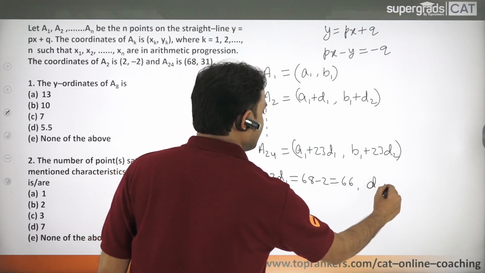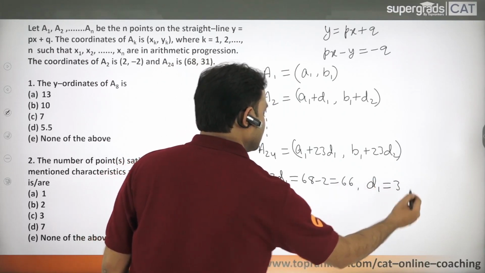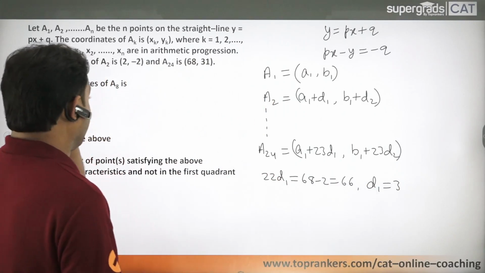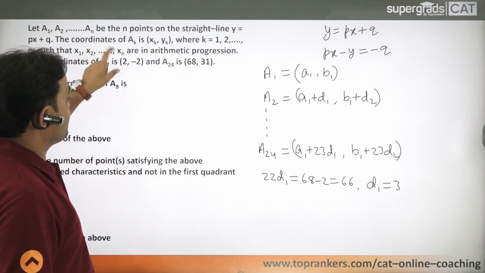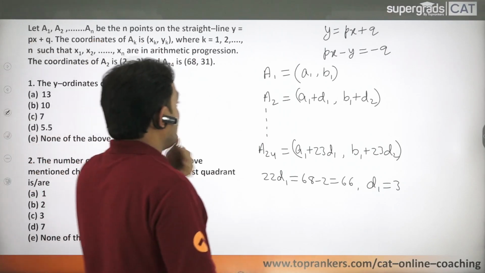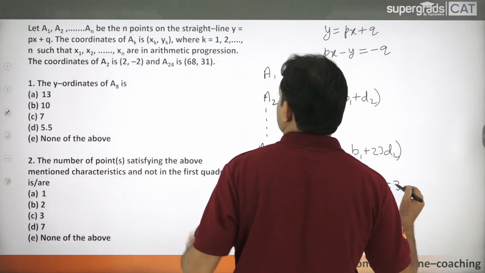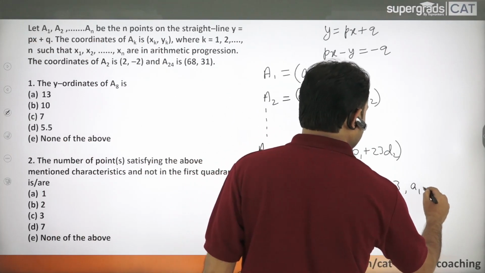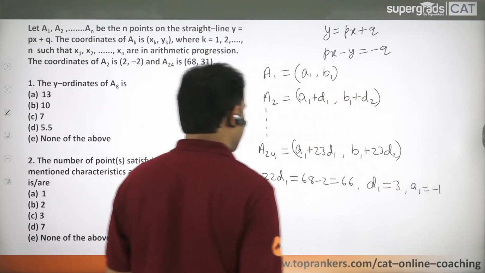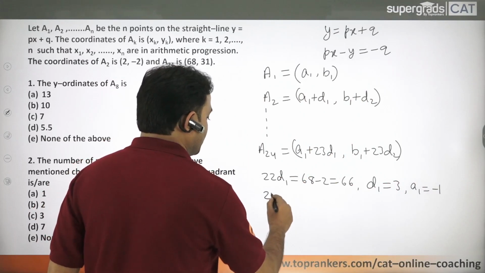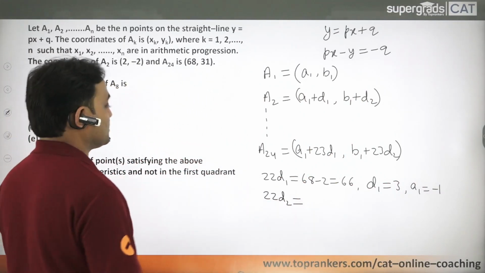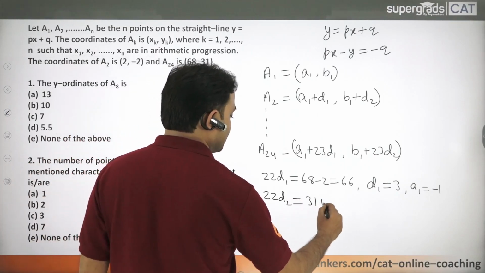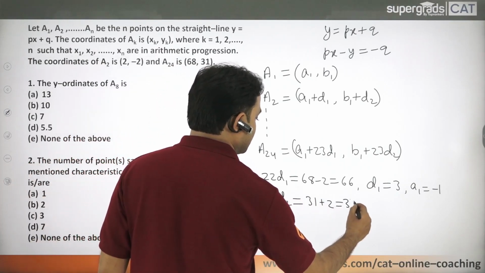Or we can say D1 is equal to 3. If D1 is equal to 3, you can find A1 also. So A1 plus D1 is equal to 2. We can say A1 is equal to minus 1. Now again 22D2, the y coordinate. 22D2 is equal to 31 plus 2, which is equal to 33.